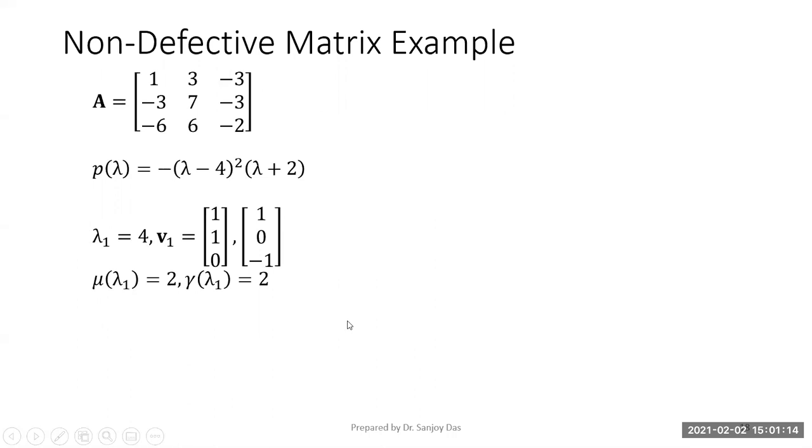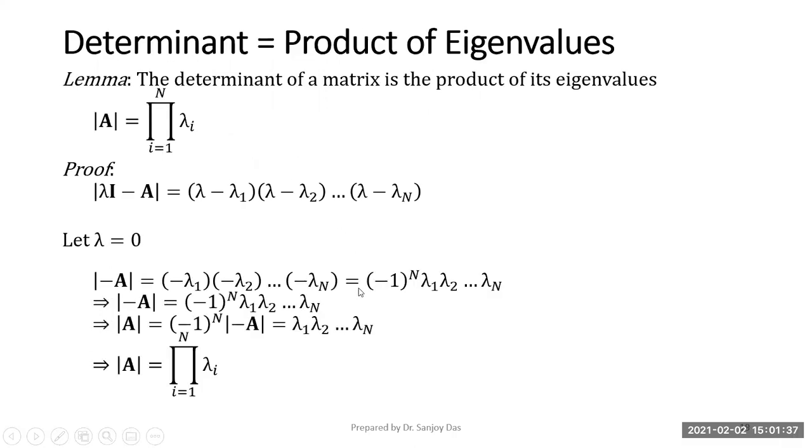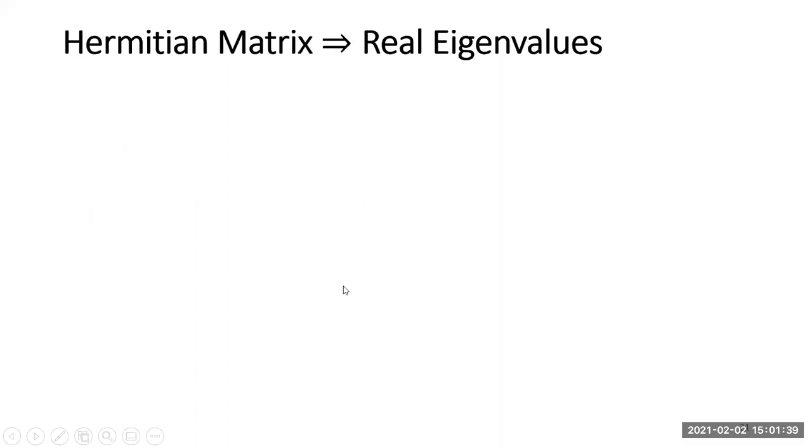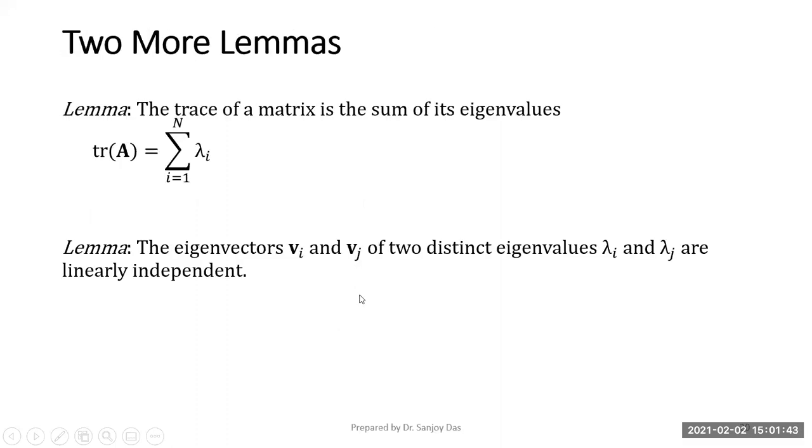What's the trace of this matrix? 7 plus 1 plus 2. Oh, 10, right? 10. Mm-hmm. And so 4 plus 4 plus 2 is 10. Sorry, I forgot to mention, for the trace, we take the absolute values.